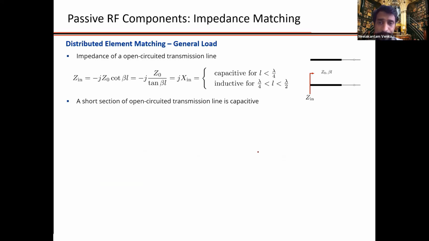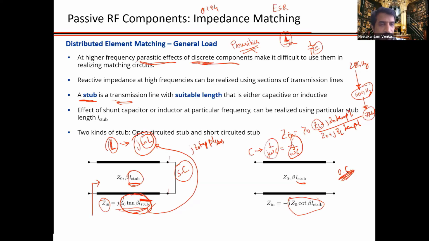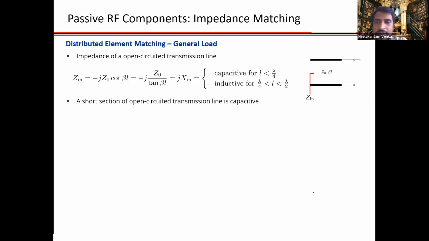And not only that, when you have this open circuited stub, which is Z naught cotangent beta L for an open circuited transmission line, if you were to represent it as a reactance, because it's only having an imaginary part, this Xn will be a negative number when L is less than lambda by 4. When Xn is negative, it is capacitive.